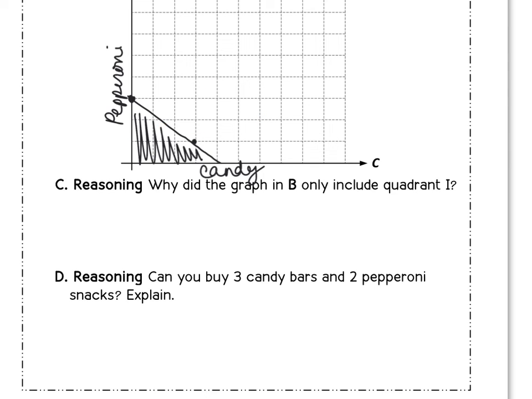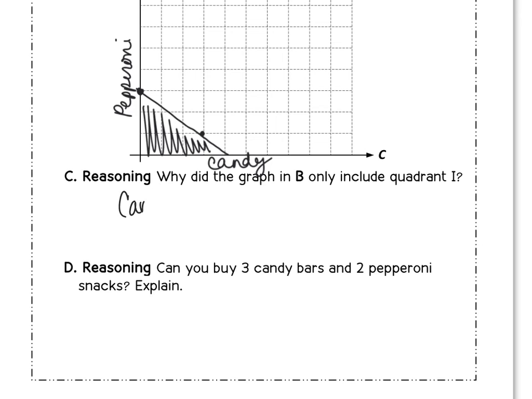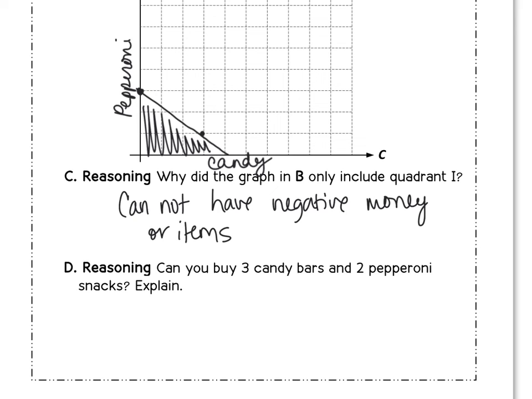And the reason is because I can't have negative money or items. Because there cannot be negative money or items, it wouldn't make sense to go into the negative. It wouldn't make sense to have a different quadrant because I'm dealing with something that's actual real life.